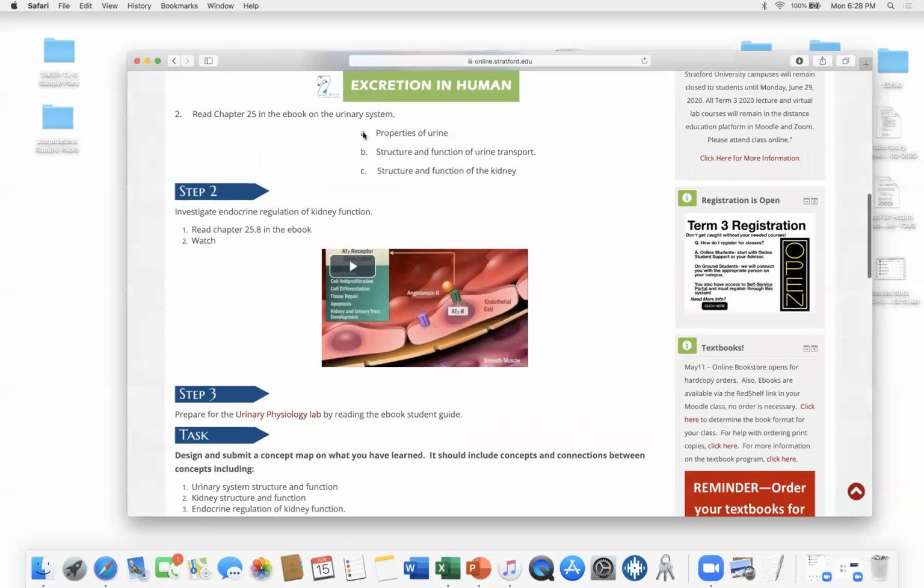So did we go over a little bit of what urine is made out of? Yes. Urine is made out of anything that's a waste product of our metabolism or of our body. So whatever you have too much of, it will end up in your urine.